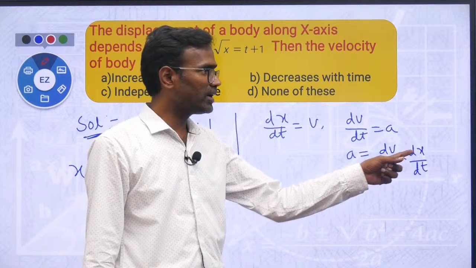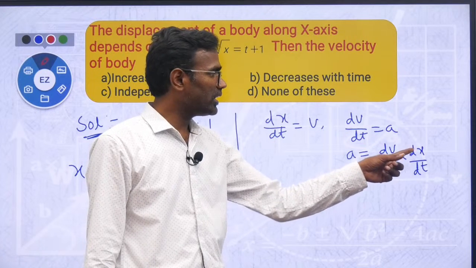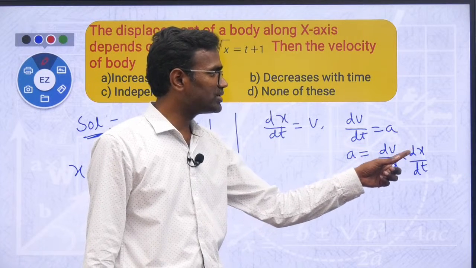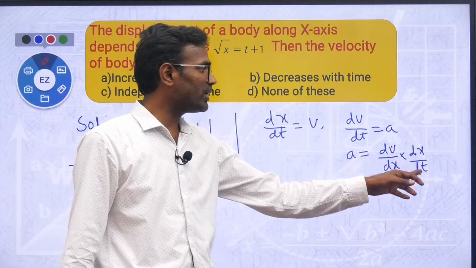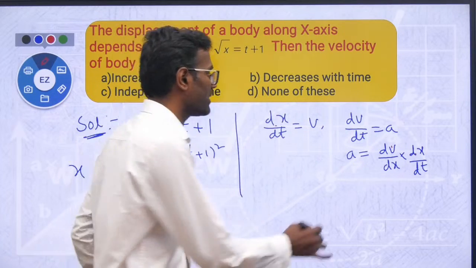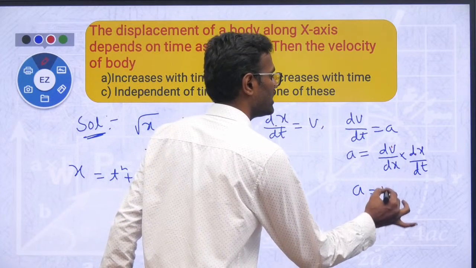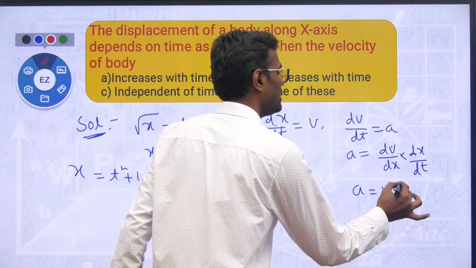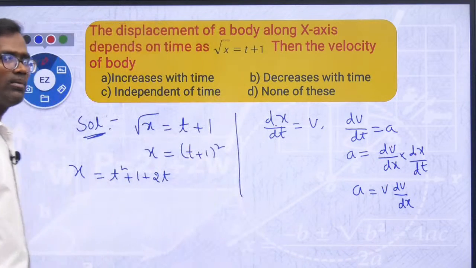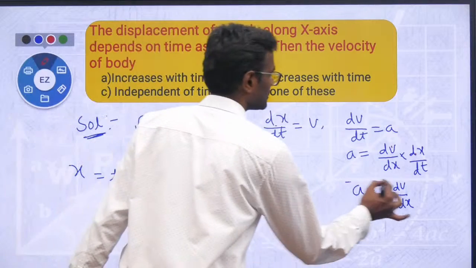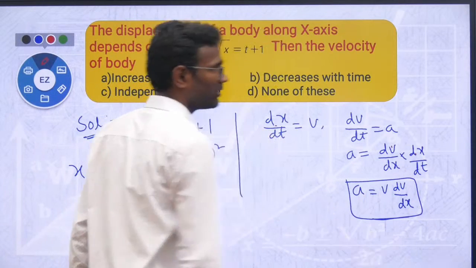If you cancel it, again you will get the same value. So dx gets cancelled. What is dx by dt? V. Therefore acceleration is equal to v into dv by dx. So this is extra information for you.